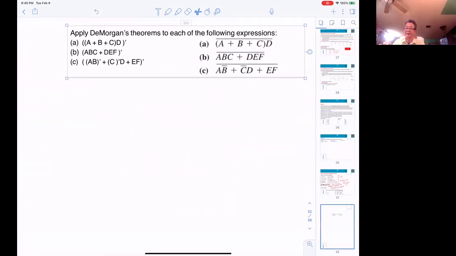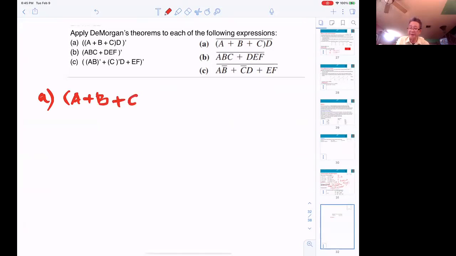Okay, so we want to get number A. Okay, A or B or C and with D, and you get the bar over. That means not everything.